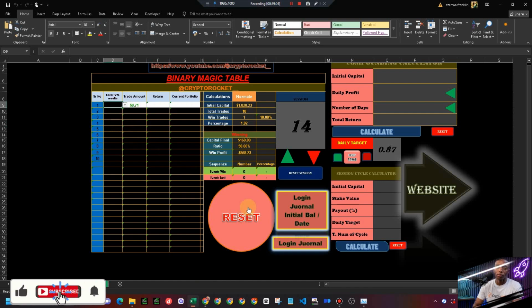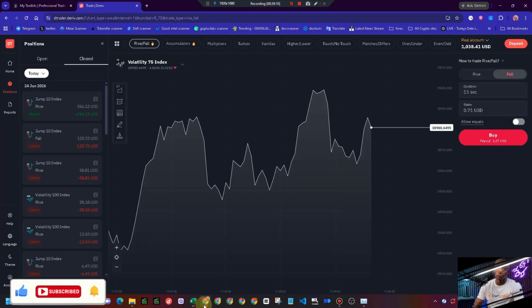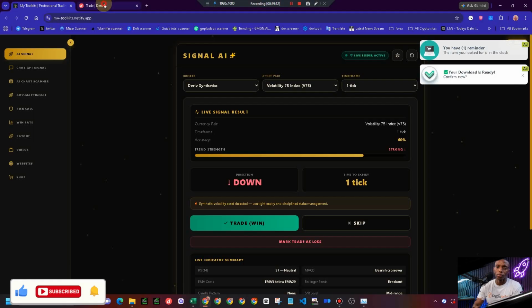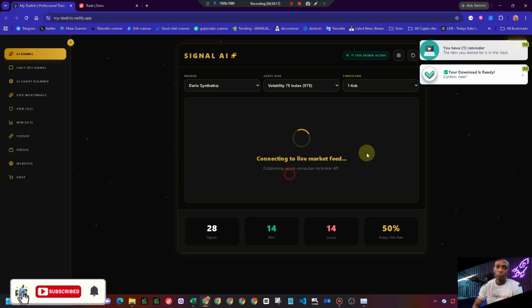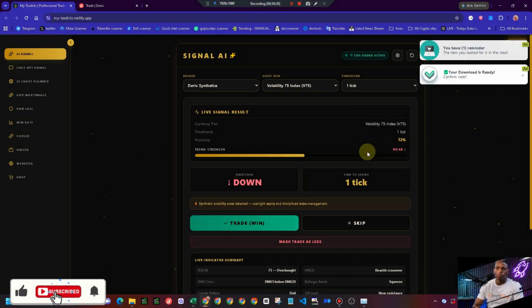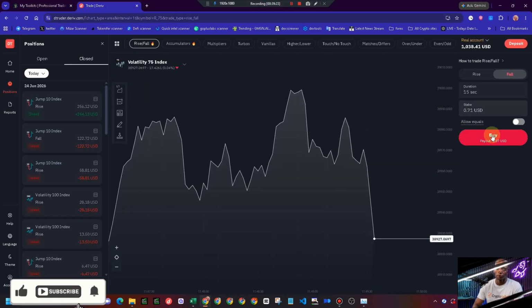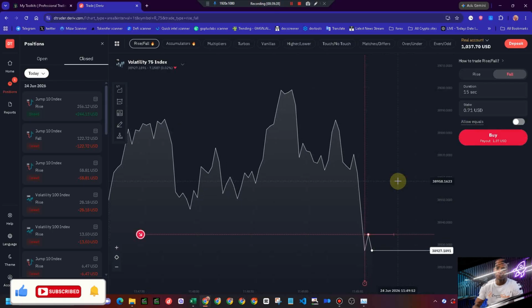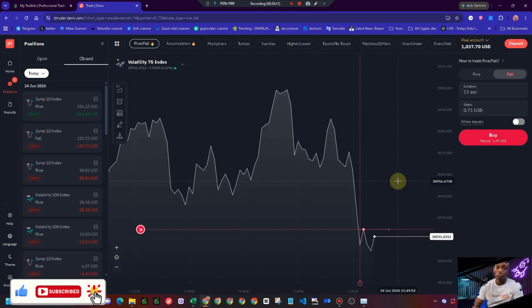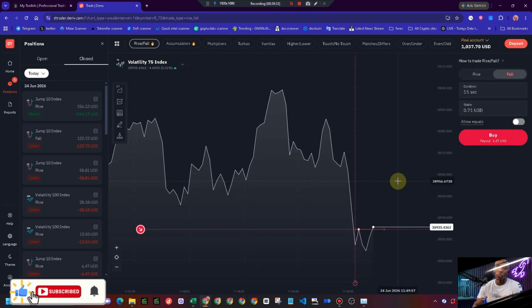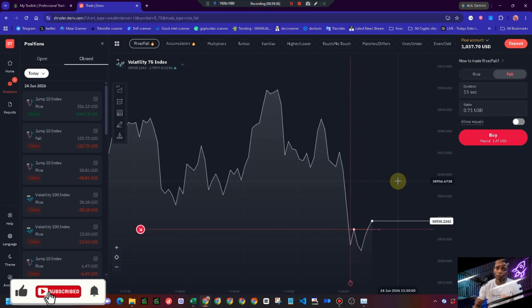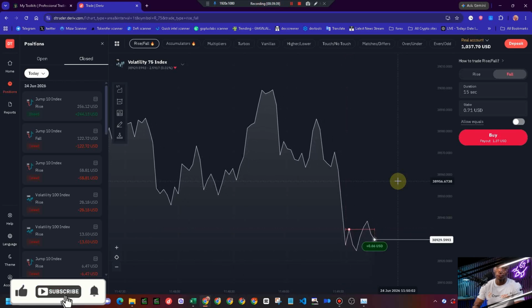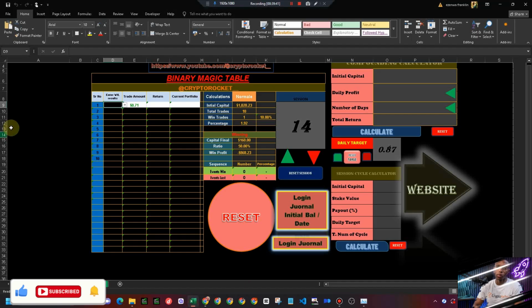So the next trade is still 0.71. So we generate, we win this one, we generate again. Down is down already. Let's see if we can continue down. Okay, still a win.